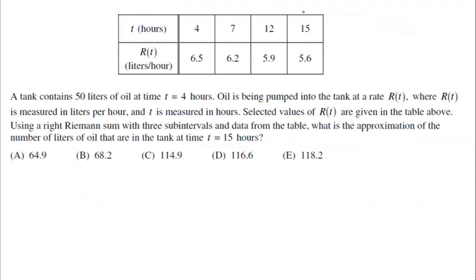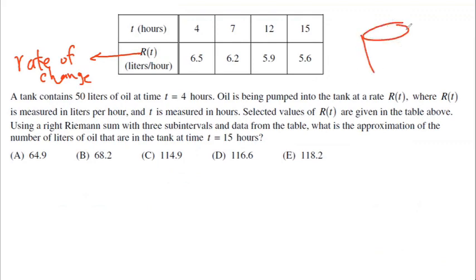Another classic Riemann sums example that you may have seen, or seen something like it before. So you have some table and some function. This function actually is a derivative, or a rate of change. As we read the question, it says a tank contains 50 liters of oil.